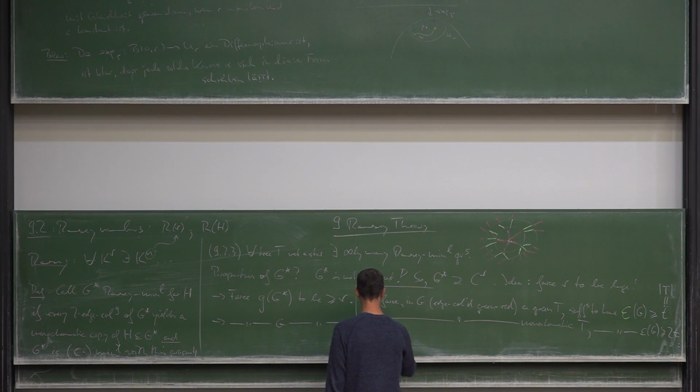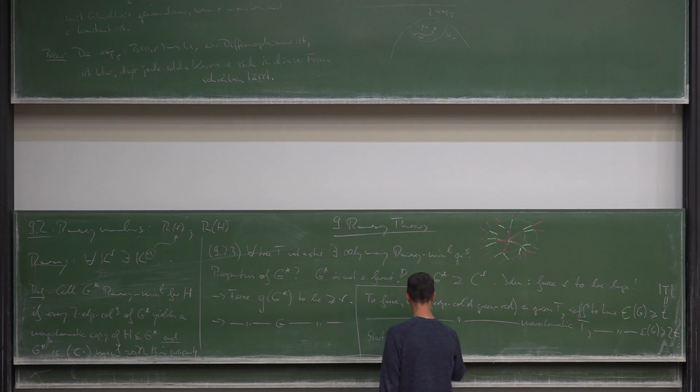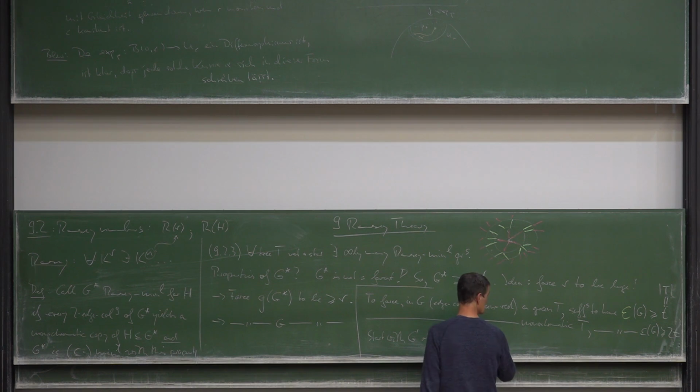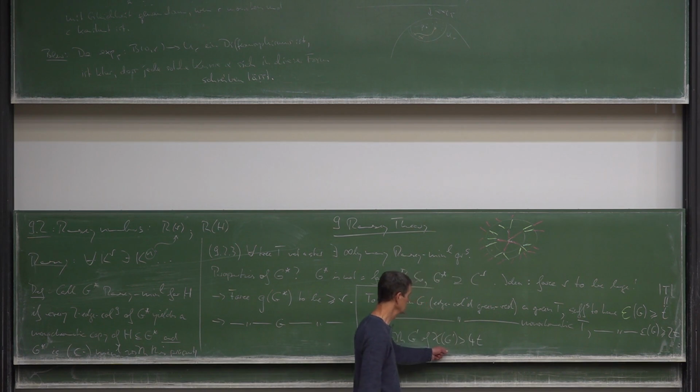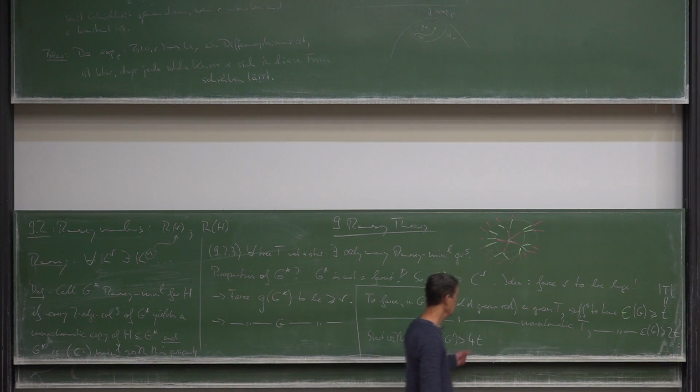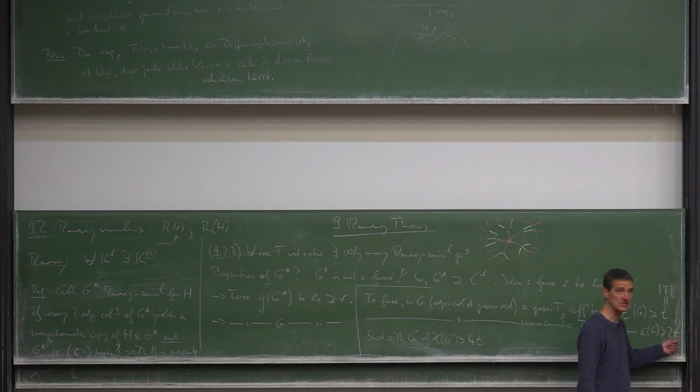So start with G prime of chromatic number bigger than 4t. That will have a critically chromatic subgraph of min degree, and therefore average degree, at least 4t, and therefore the epsilon will be at least 2t.